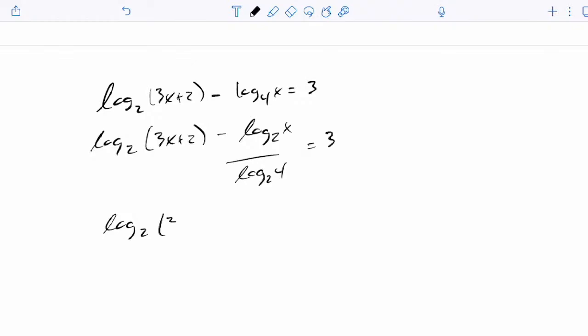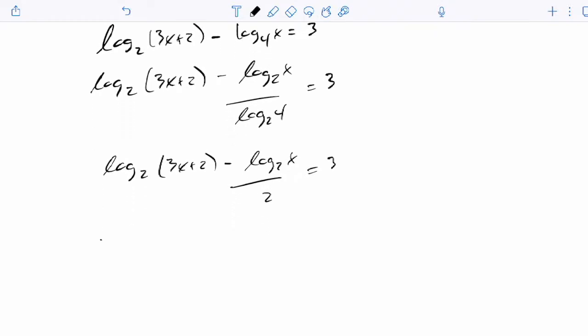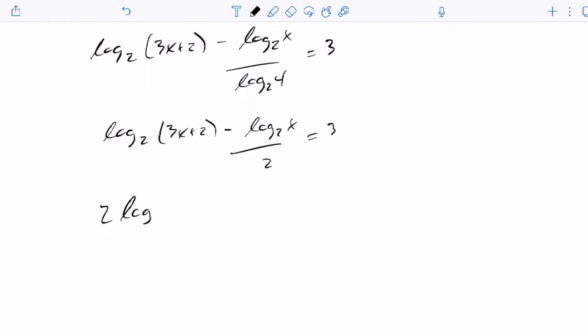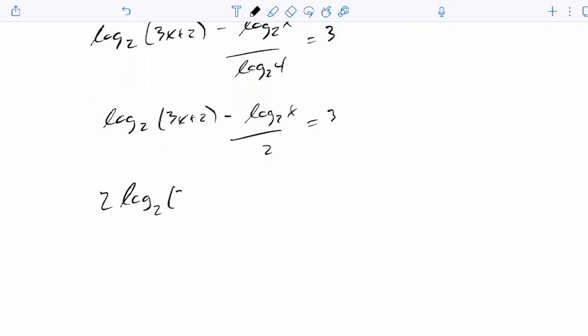This becomes 3x plus 2 minus log of 2 to the x over 2 is 3. And right here, I would probably multiply across by 2 as my initial first step.